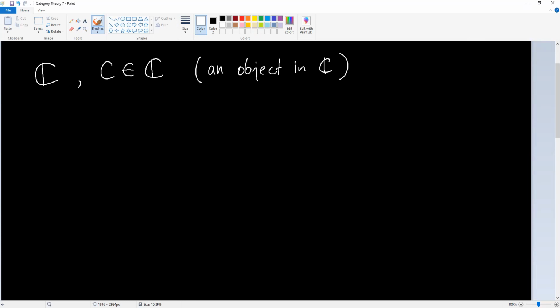Okay, so we've got a category C, an object C in the category. In the back of our minds, we can think of C being the category of sets, and the object C being a singleton.